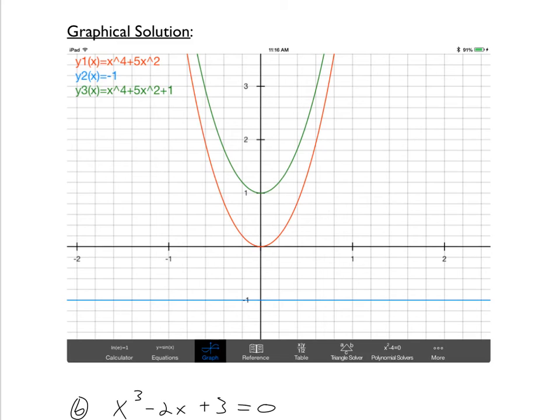And we're trying to look for our x-intercepts here because we're equating it to 0. It doesn't cross the x-axis, so therefore no solutions. So we can see how that works graphically. Because it never intersects, it doesn't have any solutions.